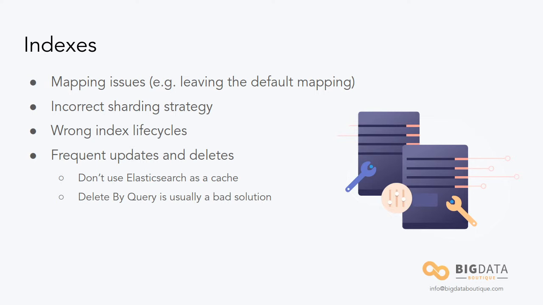For example, if you're doing TTLs or retention, removing data using delete by query on indexes, you're just going to delete documents to remove them instead of just dropping an entire index, for example, using time-based indices. That would actually have a significant performance hit because Elasticsearch really doesn't like a lot of updates and deletes to indices.